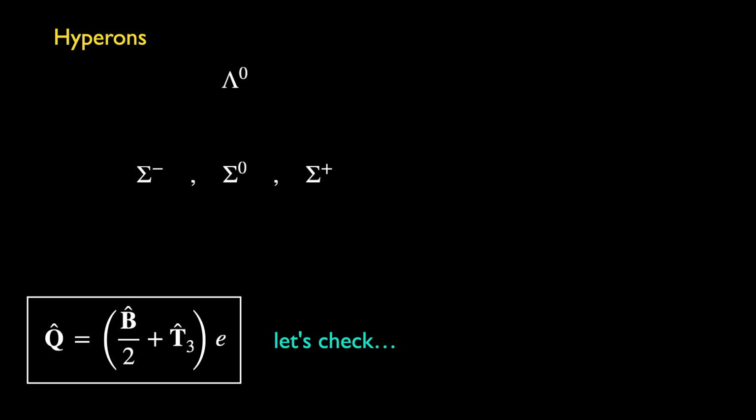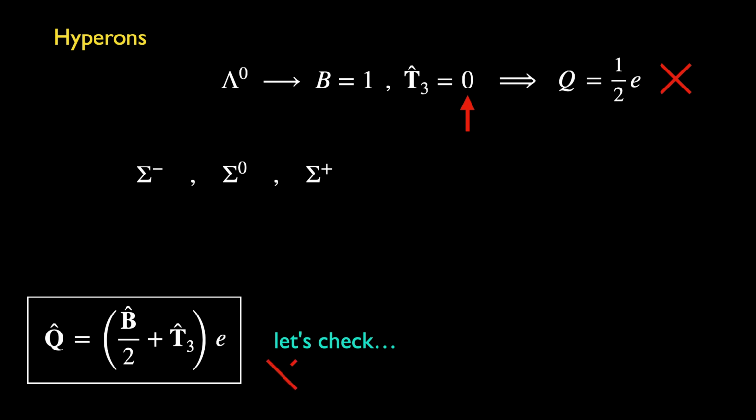Starting with lambda 0. With B equals 1 and T3 equals 0, this suggests a charge of half, which is obviously wrong since lambda is a neutral particle. So we should correct this by subtracting a half unit of charge.